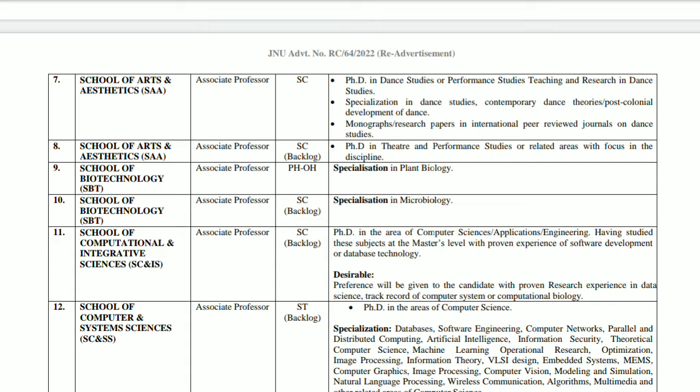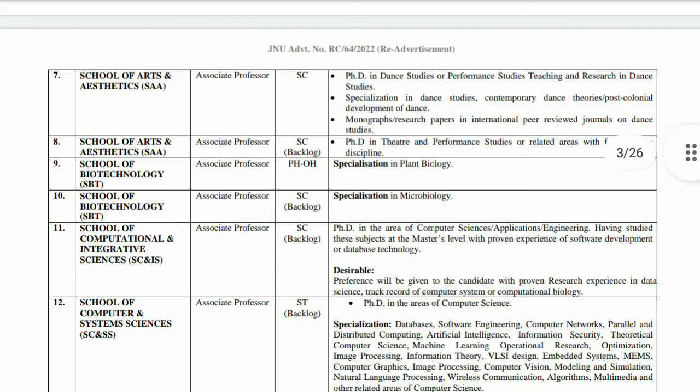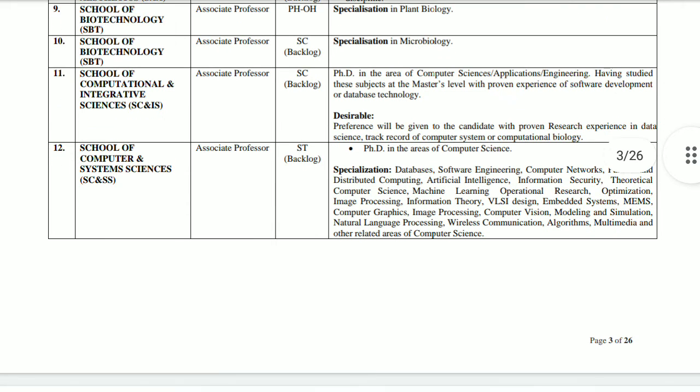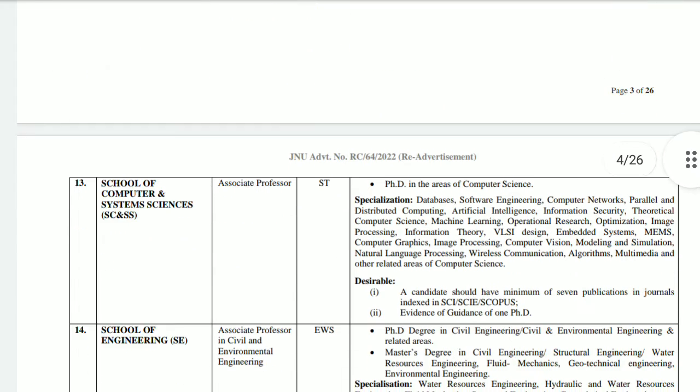Next job position, Associate Professor in School of Biotechnology. Next, third job position, Associate Professor in School of Computational Integrative Science. Fourth job position, Associate Professor in School of Computer and Systems Sciences.